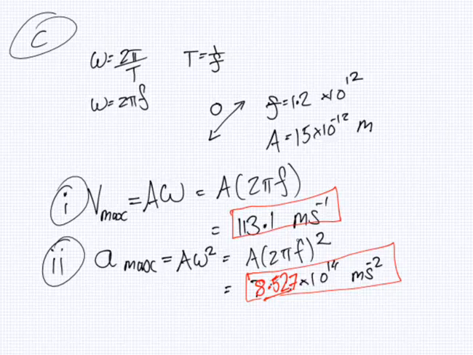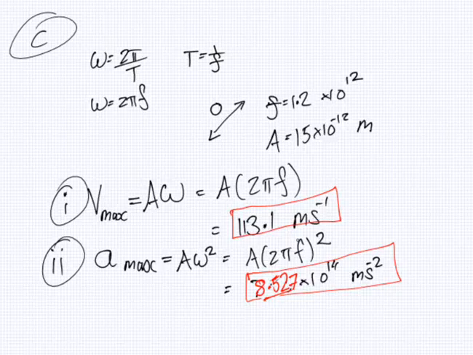Okay, can I do the last part, Grace? Yeah, okay, so for the last part, if you look up, you have little atoms, and they're vibrating with frequency of 1.2 times 10 to the 12 hertz, and the amplitude is 15 times 10 to the minus 12 meters.